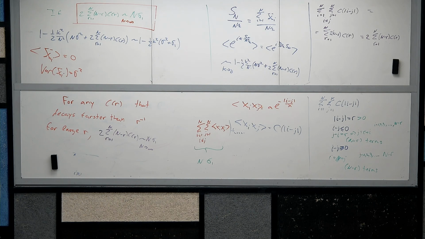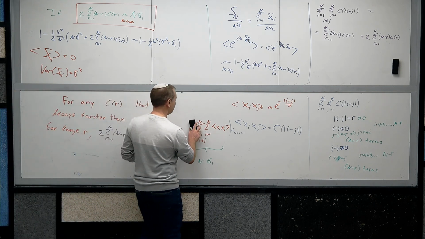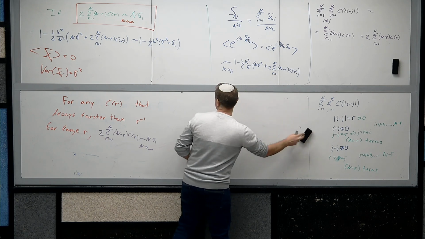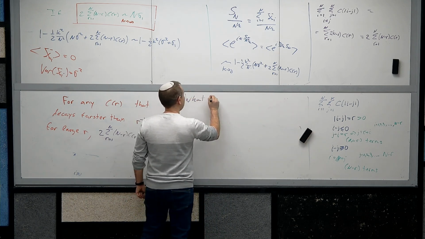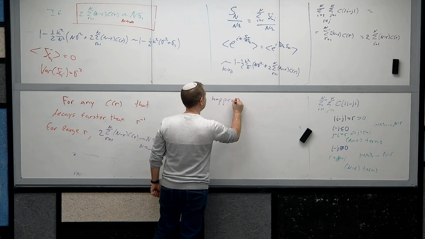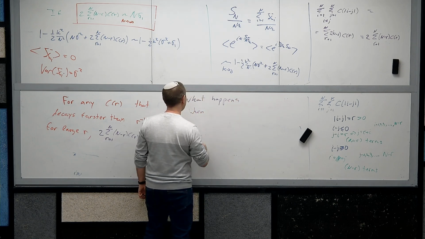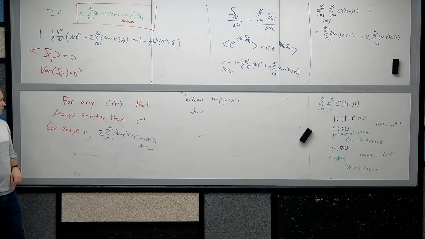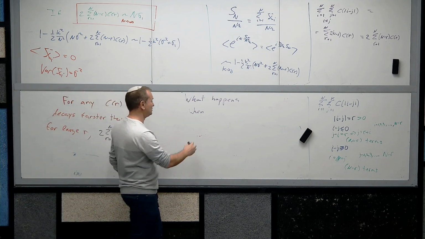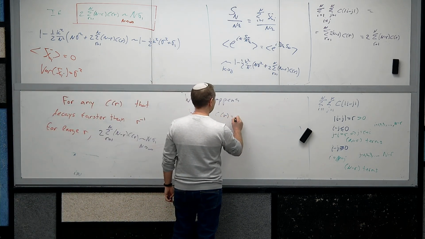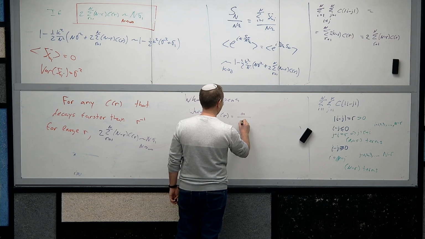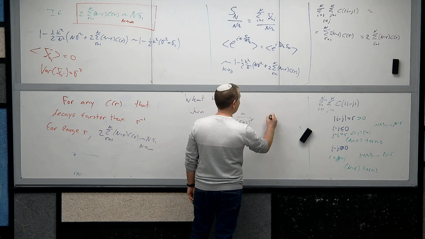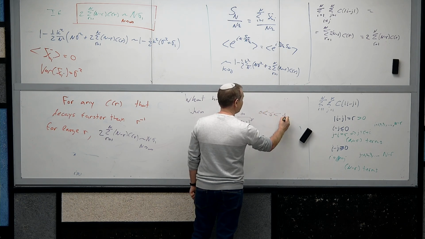What happens when it decays slower? For example, when C of R equals A over (R plus 1) to the power gamma, and gamma is between 0 and 1.